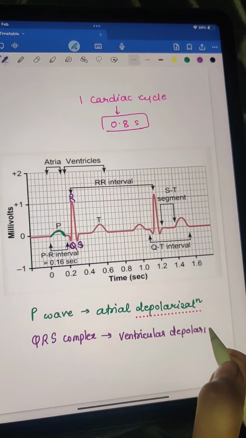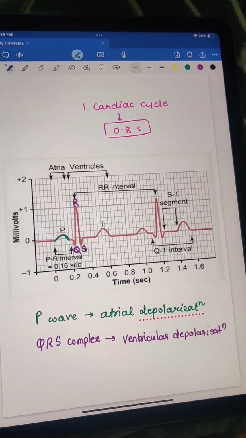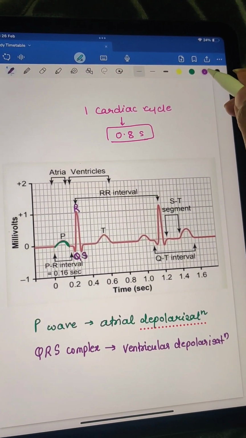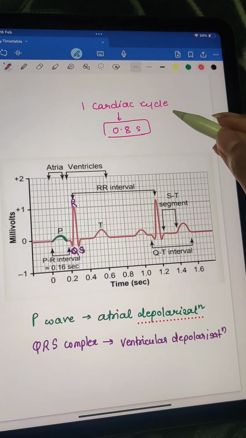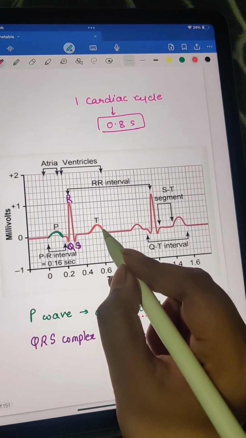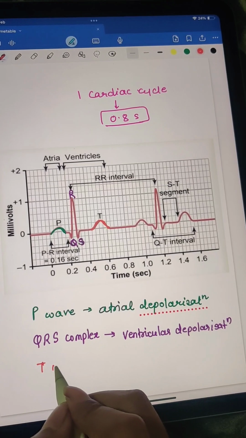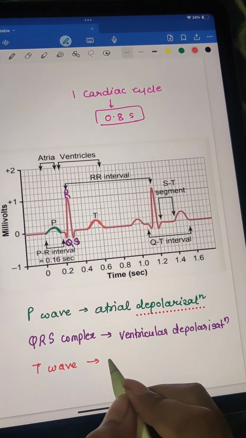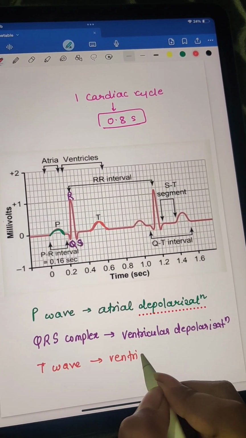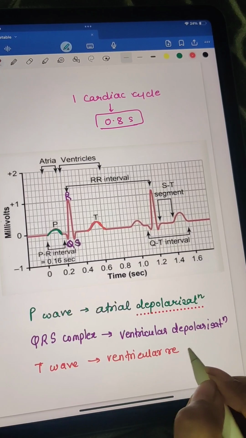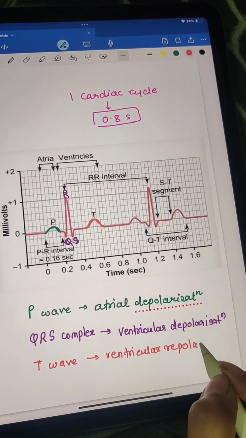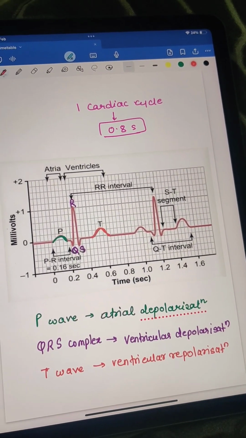That means excitation of ventricles or contraction of ventricles. Then there is a short wave called as T wave. This T wave represents the ventricular repolarization, that is relaxation of both the ventricles.